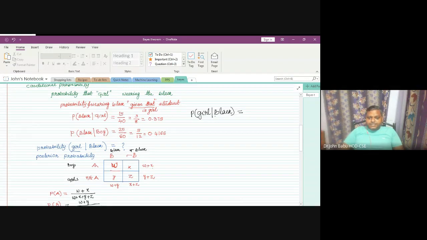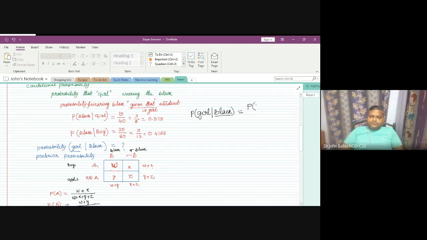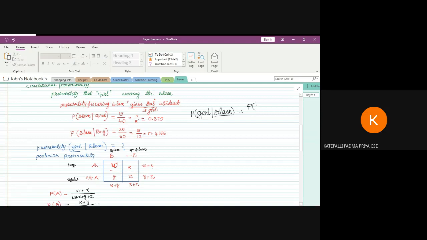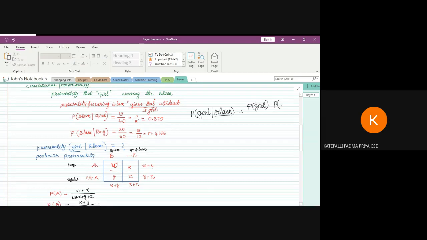Given that it is black, what is the probability that it is a girl? So what is the formula? Probability of girl into probability of girl given black.